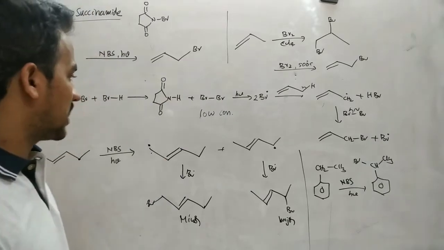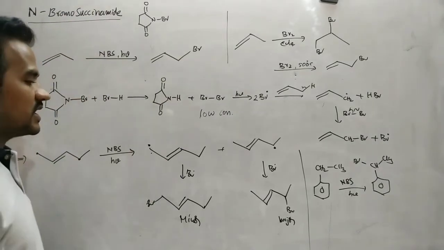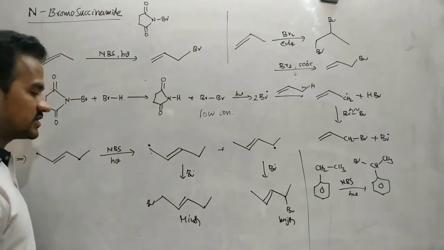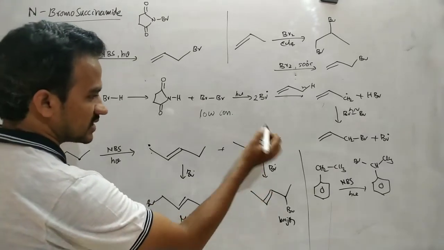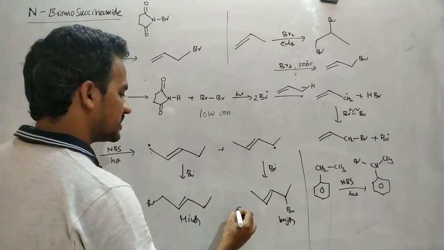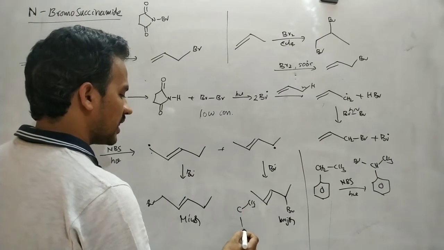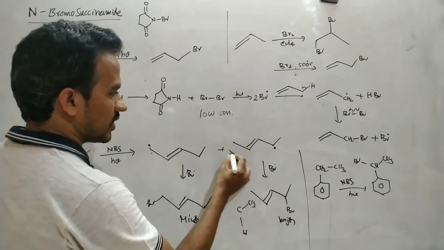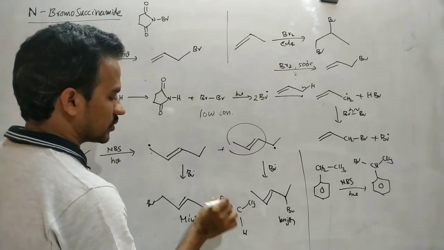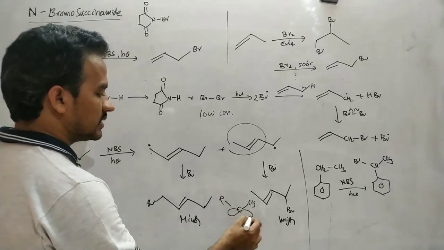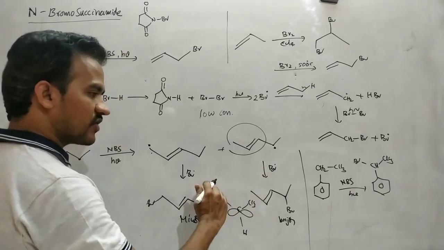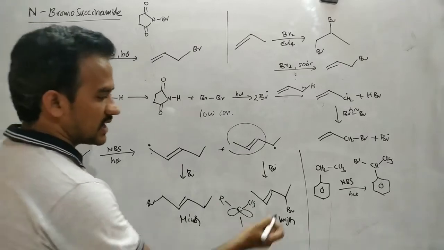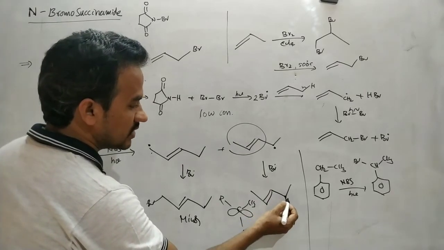Here the radical is a reaction intermediate. First consider this radical. This carbon has a methyl group, a hydrogen, and one different alkyl group. This radical is attacked by the Br radical either front side or back side, so we get two products.